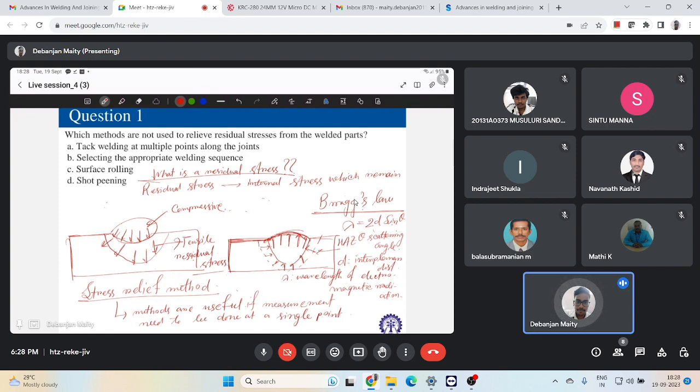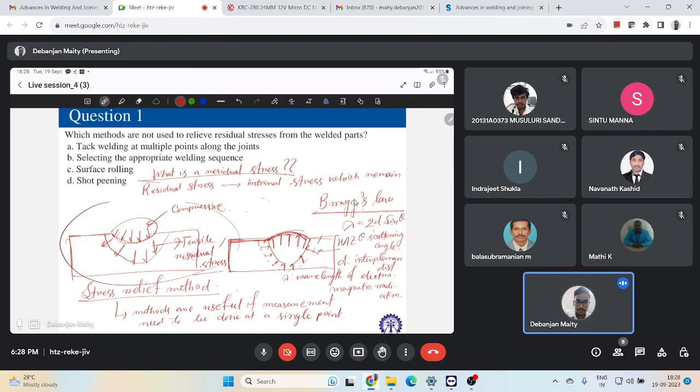You can select the best method to relieve the stresses. You can select the design detail and materials so that you can minimize those effects of residual stresses. Now, how can you minimize the distortion? As I explained over here, how can you minimize the distortion?